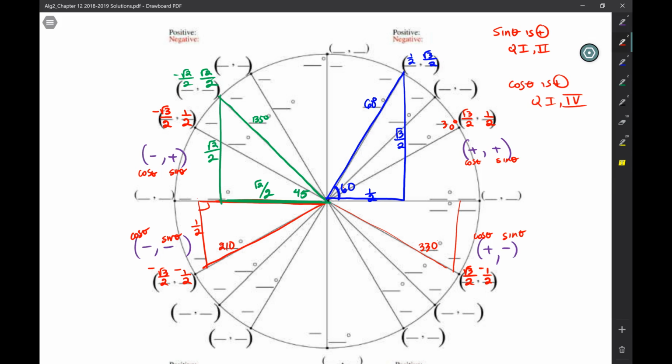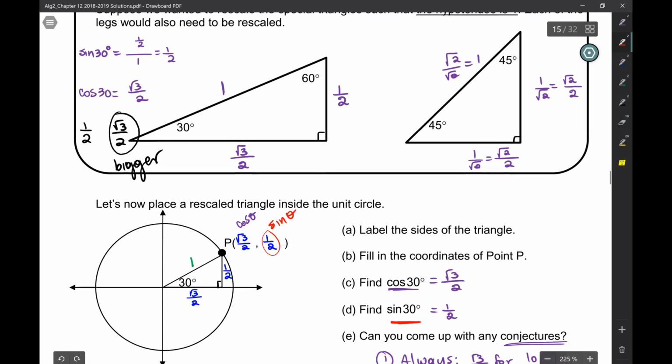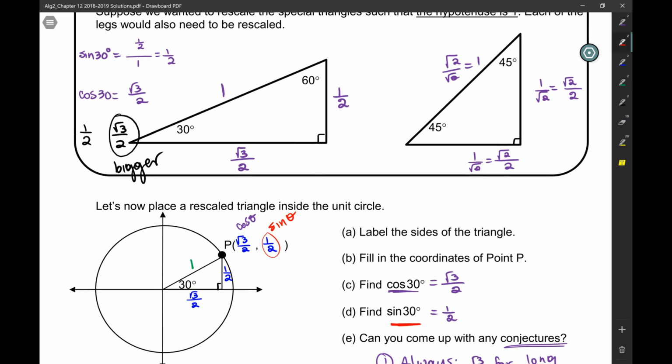How do you get tangent? It's what over what? Opposite over adjacent. So tangent is opposite over adjacent. But all this time, we've been saying the y value is sine of theta, and the x value is cosine of theta.